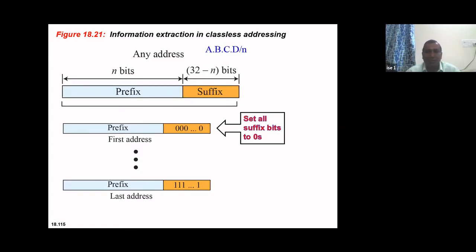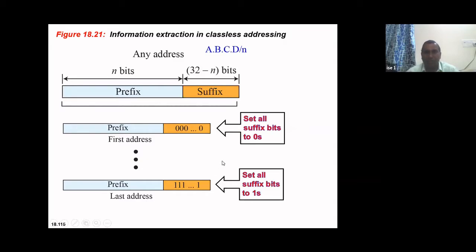I can decide the size of the prefix, that is, the number of networks. Here I am not going to change the prefix length, assuming it is 21 bits. So the first 21 bits remain as they are, and the last 11 bits out of 32 I make all 1. This gives me the last address of the network.